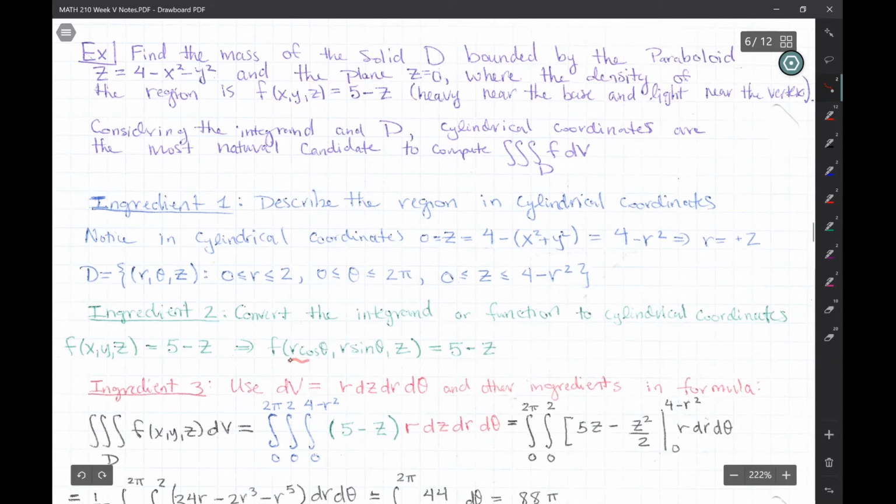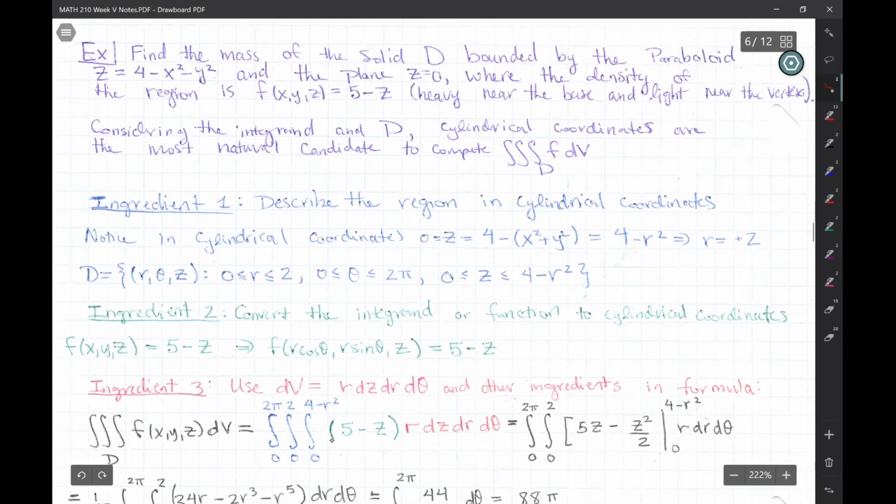Wherever we see an x, we substitute r cosine theta. Wherever we see a y, we substitute r sine theta. Wherever we see a z, we just let it be z. All we see is z in this expression. There are no x's and y's. So, in fact, in cylindrical coordinates, it's 5 minus z, which is the same as in rectangular coordinates, but that's just a coincidence because x and y do not show up.